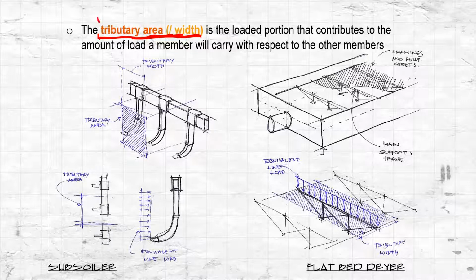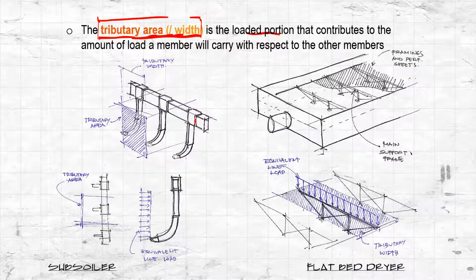Just a review, the tributary area or tributary width is the loaded portion that contributes to the amount of load a member will carry with respect to the other members. So for example, I have here a subsoiler.